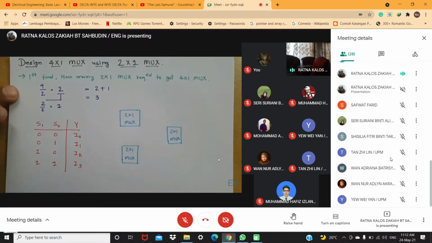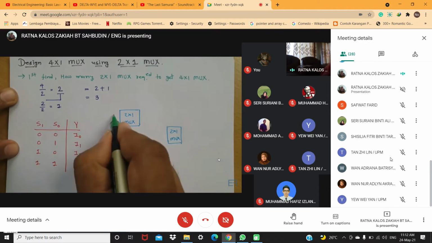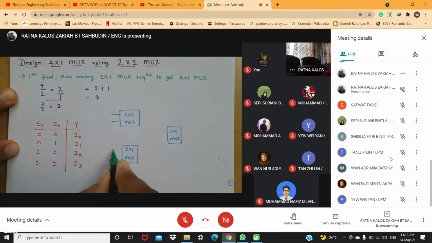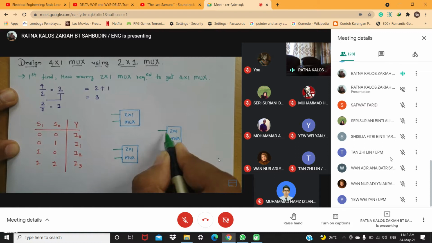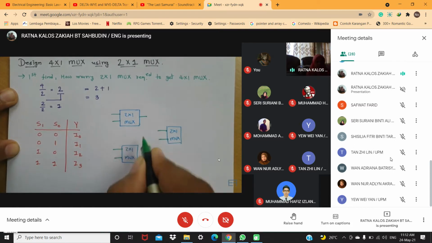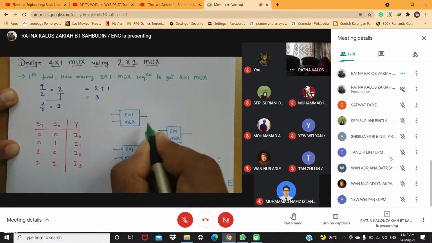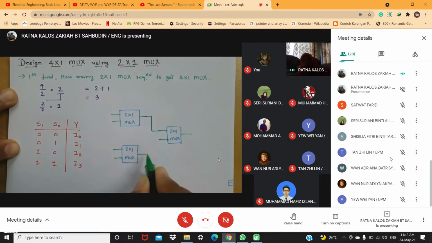All these are 2x1 multiplexers, with 2 inputs and 1 output, and this output we connect over here.